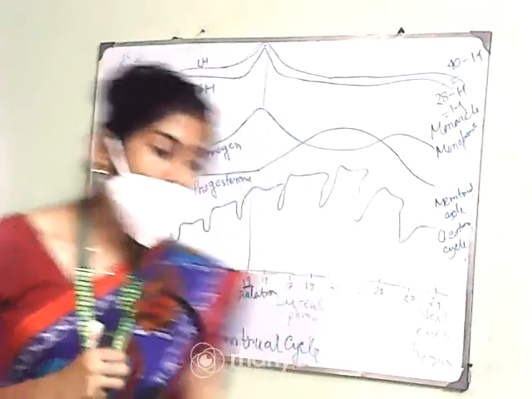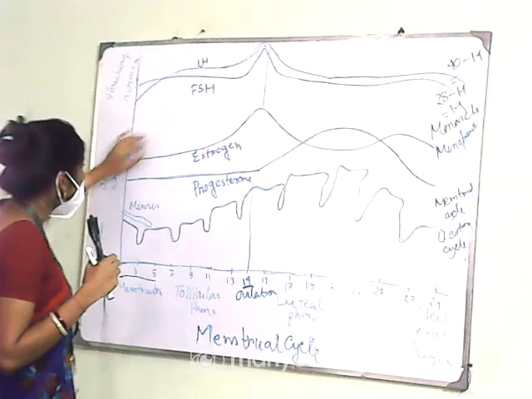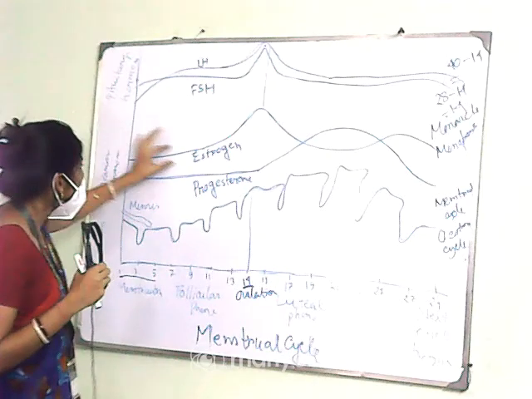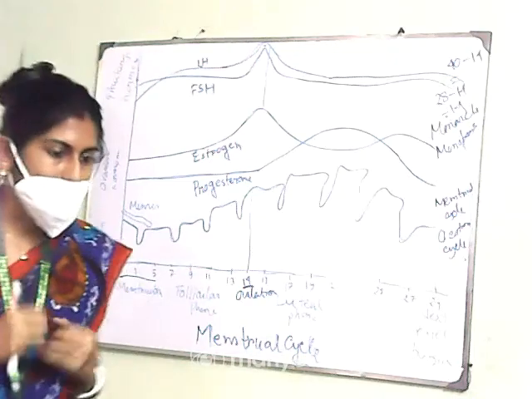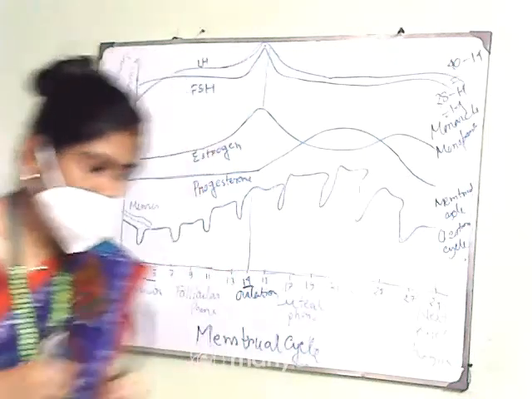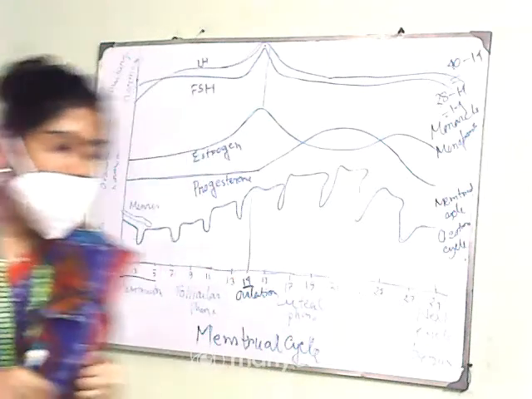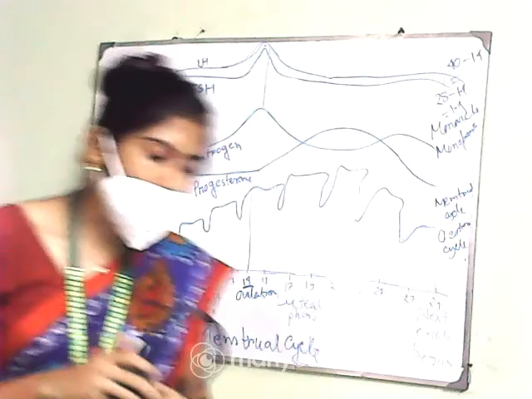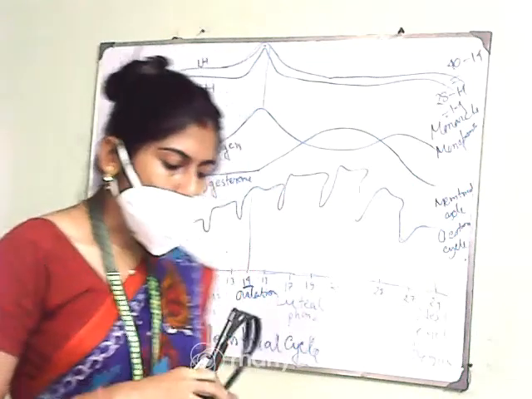So another hormone will be released, called estrogen, from the ovary, and its level will increase. Let me repeat that the secretion of the gonadotropins, FSH and LH, increases gradually during the follicular phase and stimulates the follicular development as well as secretion of the estrogen from the growing follicles.